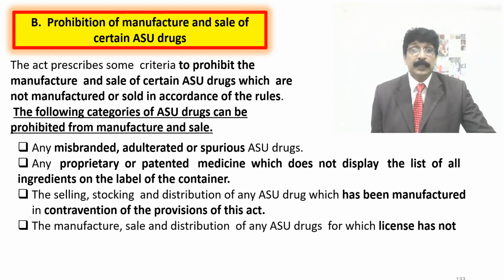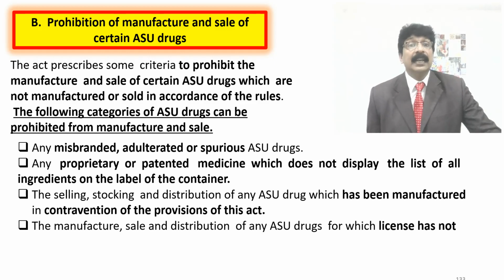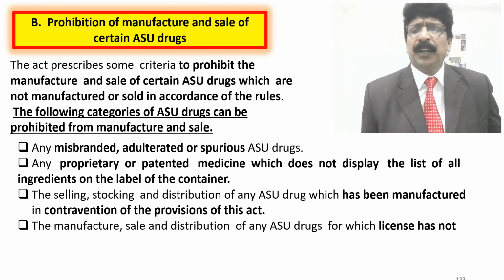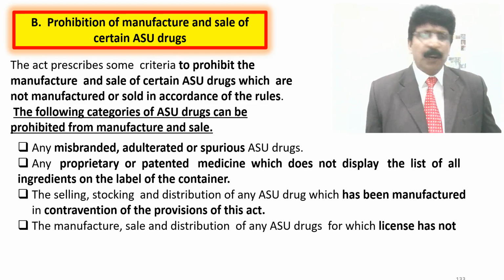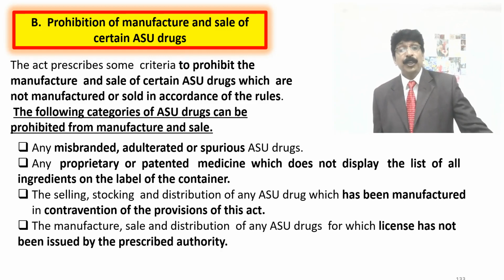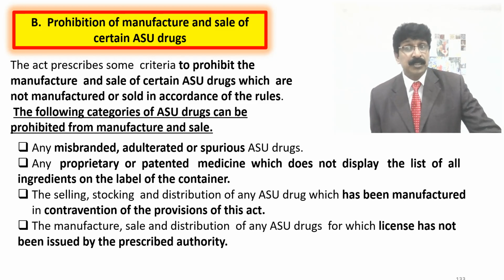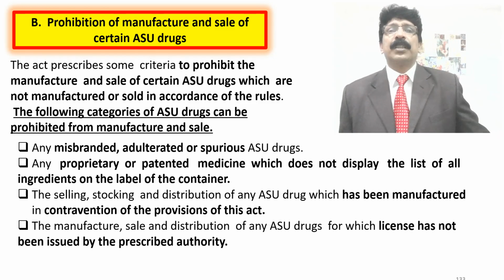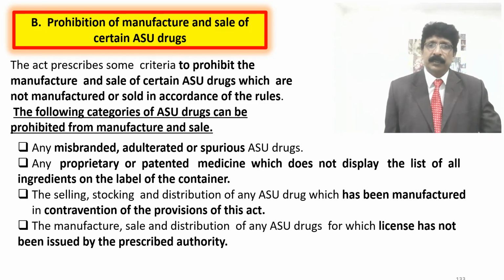The manufacture, sale and distribution of any Ayurveda, Siddha, Unani drugs for which a license has not been issued by the prescribed authority. If he is doing that or manufacturing, they are prohibited by means of our law and Act.